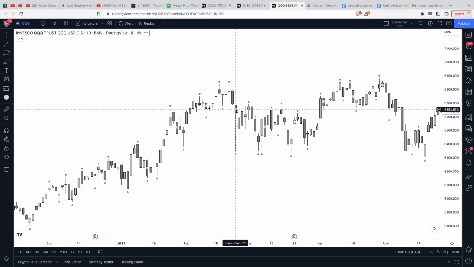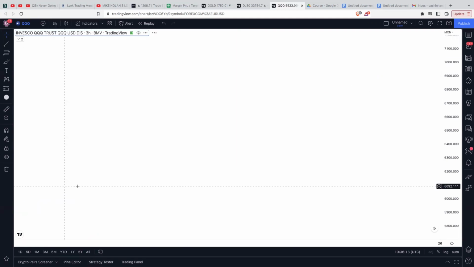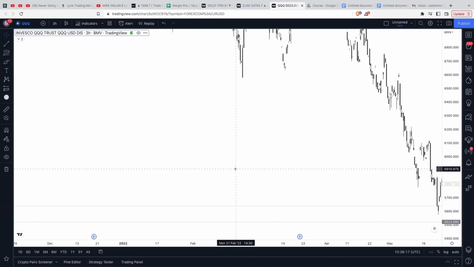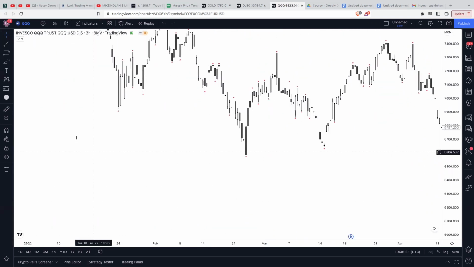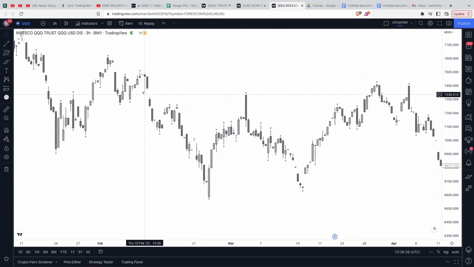So if we split that day up, the 23rd of Feb, and we looked at 4-hour candles or 2-hour candles, let's get this 23rd of Feb. Yeah, so that's split the day up.